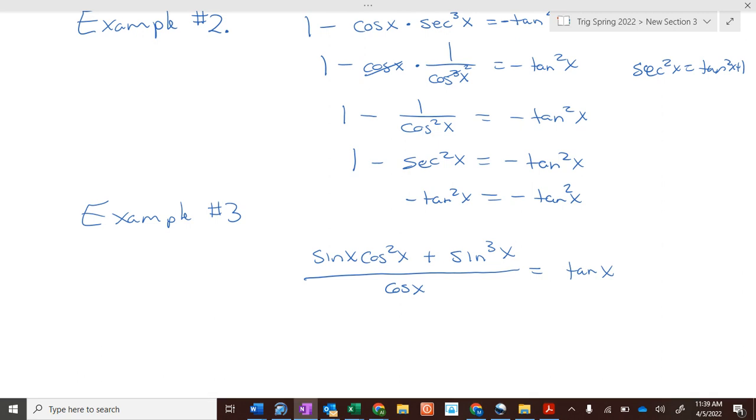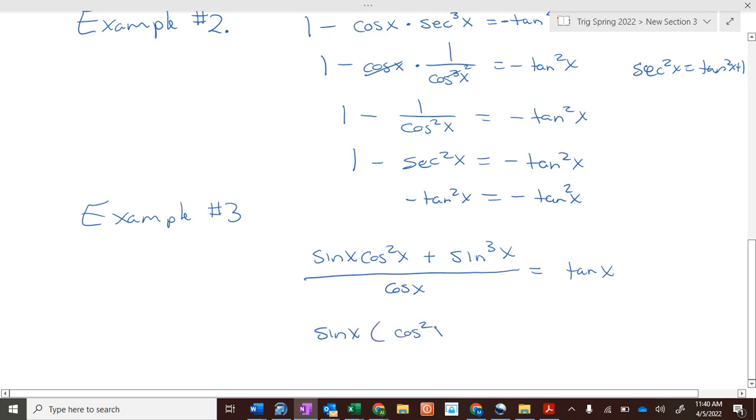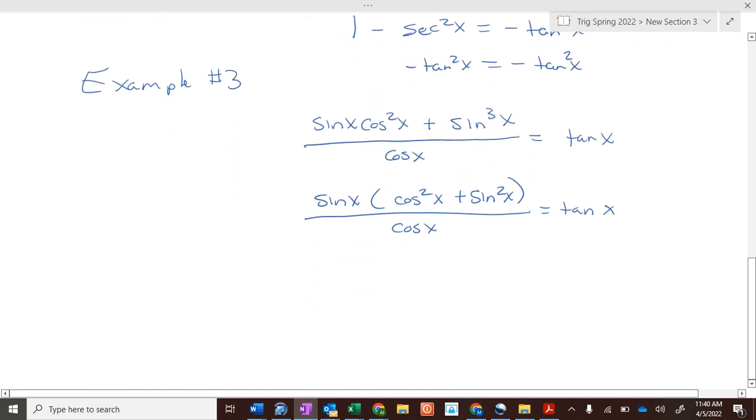What was your homework assignment for today? What did we do? Factoring. Can we do any factoring on the top? Take out the greatest common factor. Take out a sine of x. And what are we left with? We're left with the cosine squared of x plus the sine squared of x. What is something I can now do on the left side? 1.